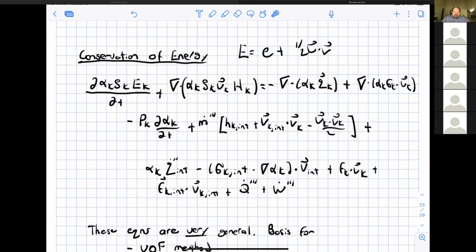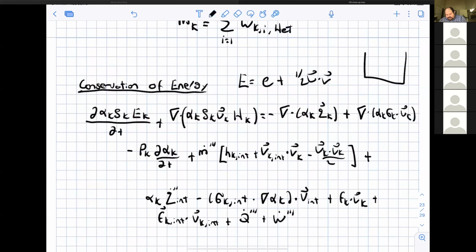Now, there's a very interesting term here that pops out. This PK, the pressure of phase K times the change of volume fraction of phase K, is due to PDV work. So you could imagine if I have a control volume and I have a single vaporizing droplet.